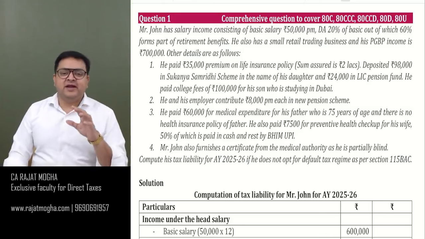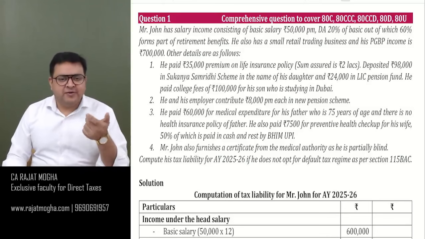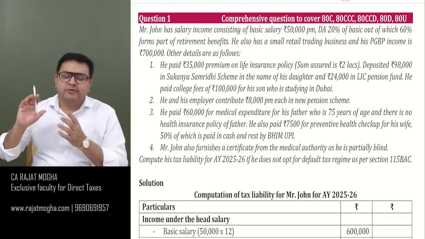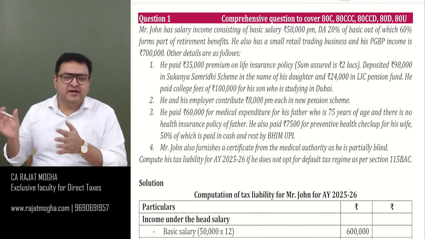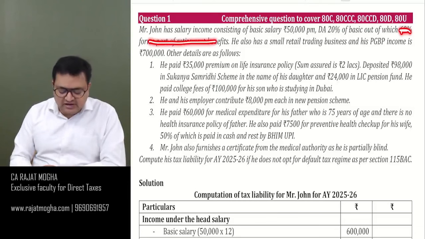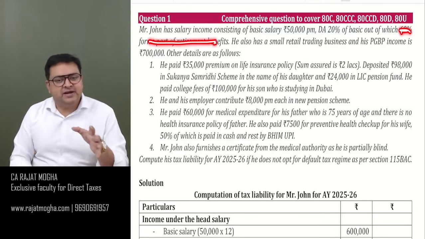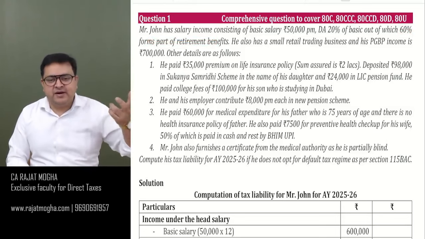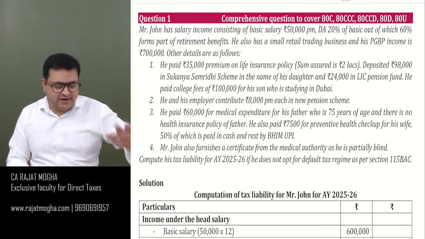DA, whatever we are getting, is taxable. What forms part of retirement benefit is not that important right now. But yes, while computing any salary definition, there we take forming part. As of now, this particular 60% is not that relevant for me. Whatever is my DA, that is fully taxable, right? Only for the purpose of some definition, we take forming part. Otherwise, forming part is not required.